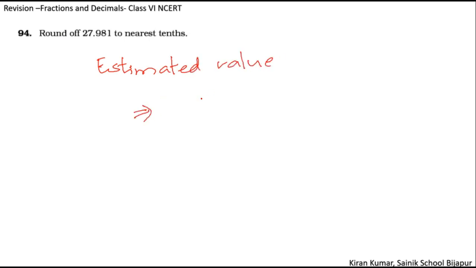This will be 28, because it's the nearest tens. 8 is a number larger, so this has to be increased by, sorry, 9 is a number which is larger than 5, so this next digit has to be increased by 1, so it becomes 28.0. With this question, I'll end today's session.